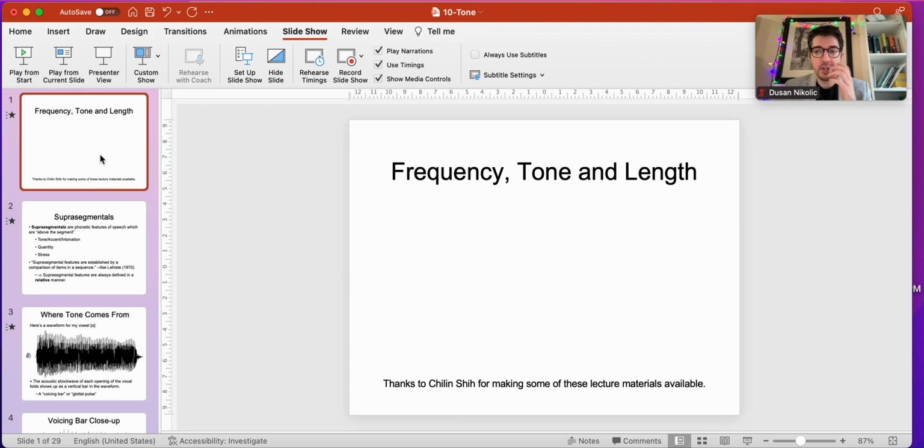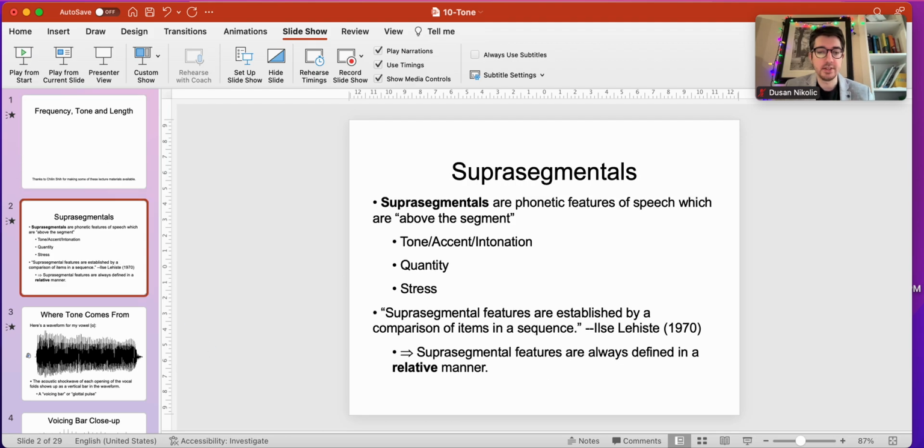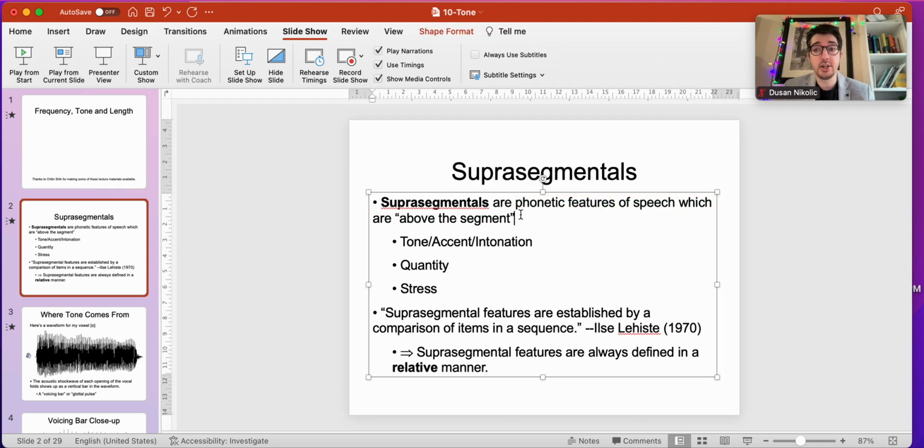So frequency, tone, and length are suprasegmentals, and suprasegmentals are defined as phonetic features of speech which are above the segment. These are tone, accent, intonation, quantity, and stress. Today we will be talking about tone, pitch accent, not accent per se, and quantity.